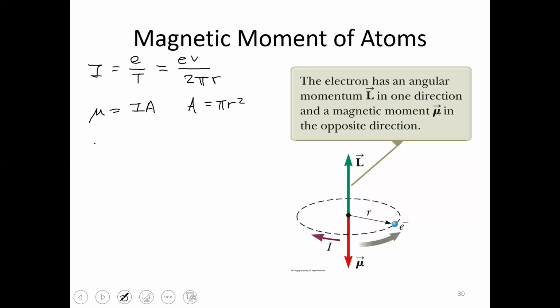So our dipole moment, if we substitute in e v over 2 pi r as our current, which isn't necessarily a steady current, but we'll say our electron's going fast enough that it's close enough, and A as the area of the circle, we can cancel some stuff out. And we get a magnetic moment, or a dipole moment, that looks like 1/2 e v r.